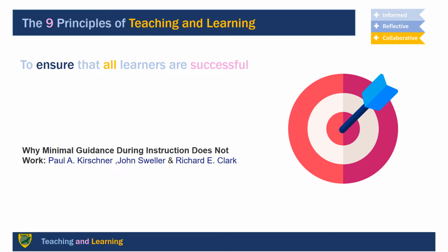And there's a good research piece, if anybody wants to read it, on why minimal guidance during instruction doesn't work and how that minimal guidance widens gaps. We don't want to widen gaps, we want to close gaps so that all of our learners are successful. And one of those effective ways of trying to close gaps is through scaffolding.